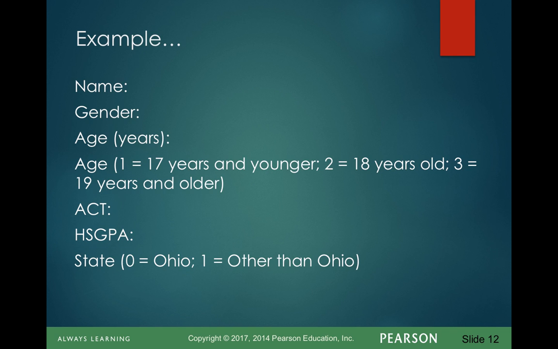Let's say we classify 1 to be 17 years and younger, 2 to be 18 years old, and 3 to be 19 years and older. Maybe we ask them their ACT, possibly their high school GPA, and the state in which they graduated high school. So we'll code 0 as Ohio, and 1 as a state other than Ohio.